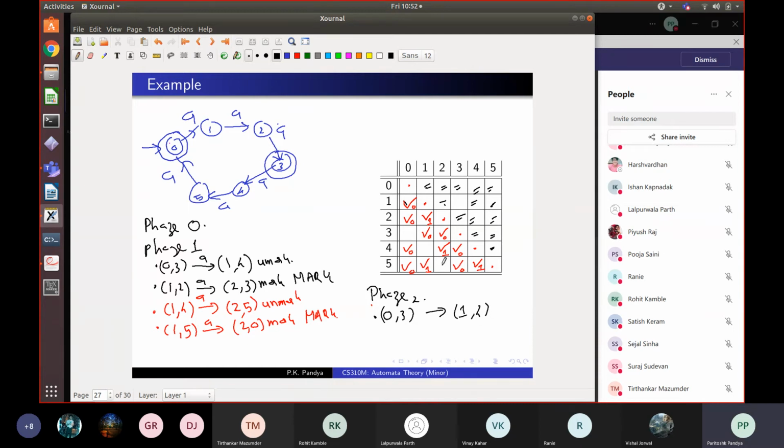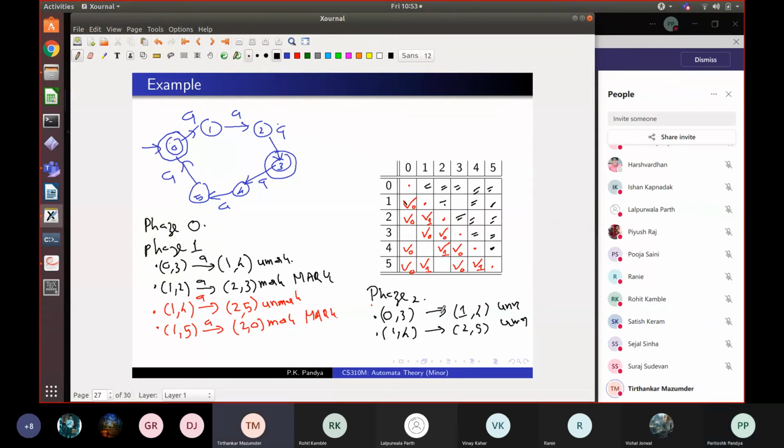So 0,3 will remain unmarked. Then I have to go to 1,4. 1,4 will go to 2,5, which is still unmarked. So no progress here for this square. Next I have one square remaining, I think.